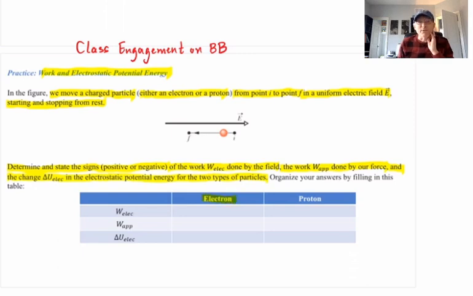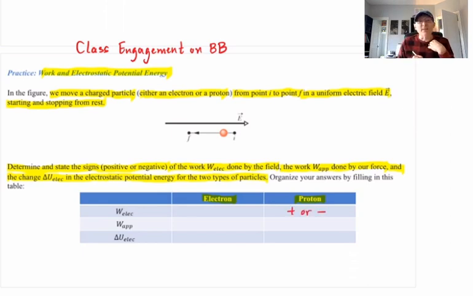We've got a table to help us organize. We've got an electron and a proton. So first do the case of, say, it might be easier for you to do a proton. That would be the third column on this table. So the proton is moved from point I to point F along that path in that uniform electric field. You are to fill in with either plus or minus signs.